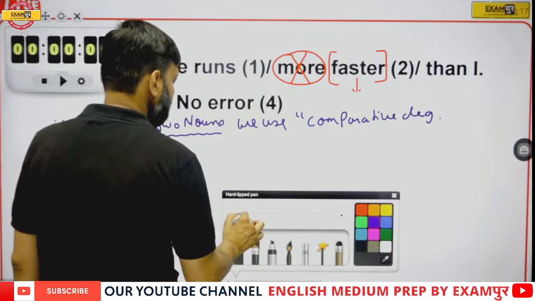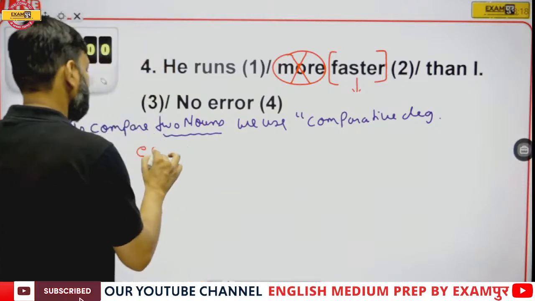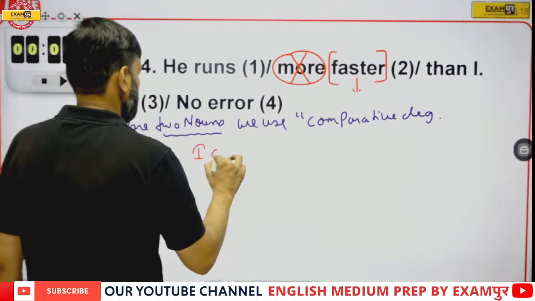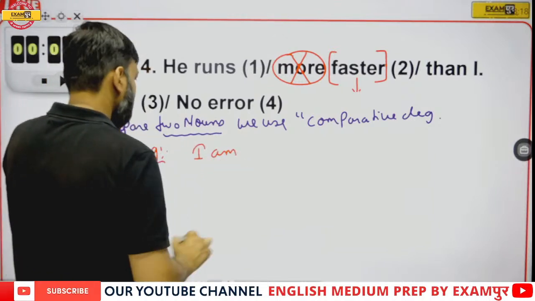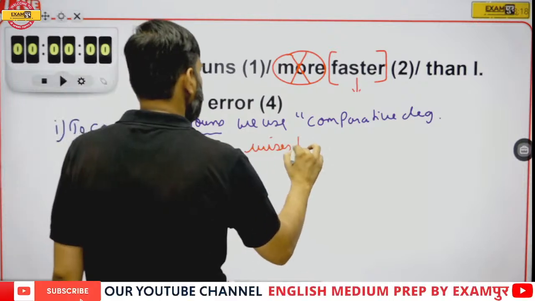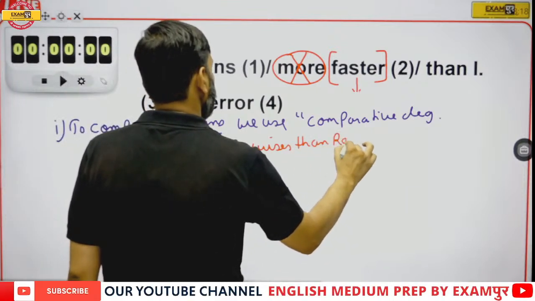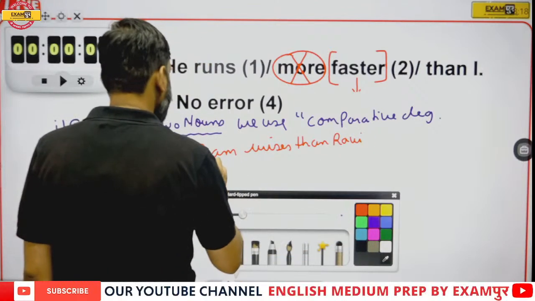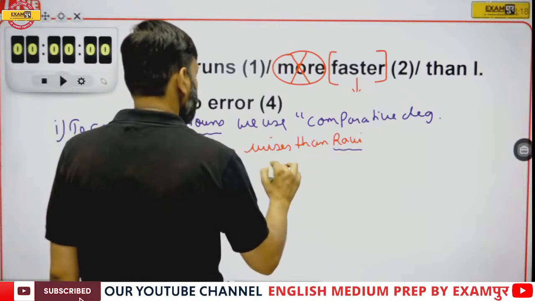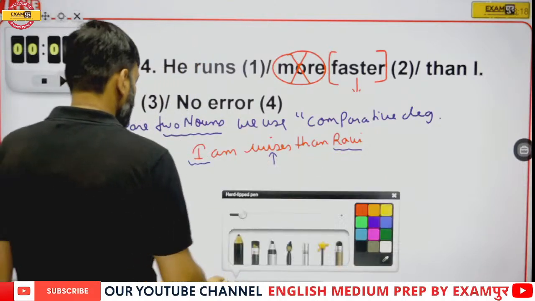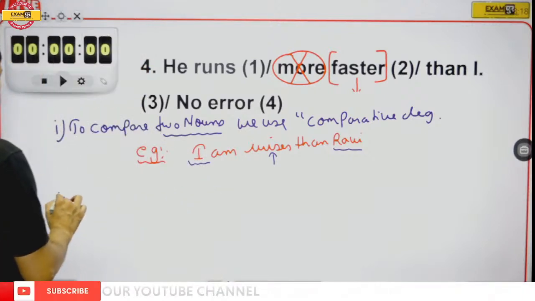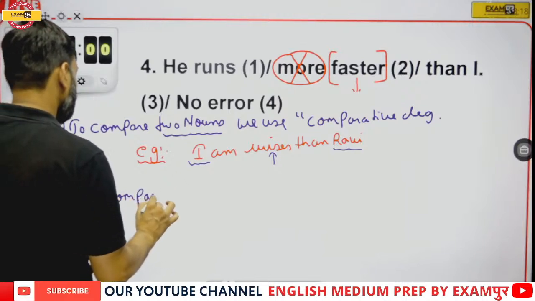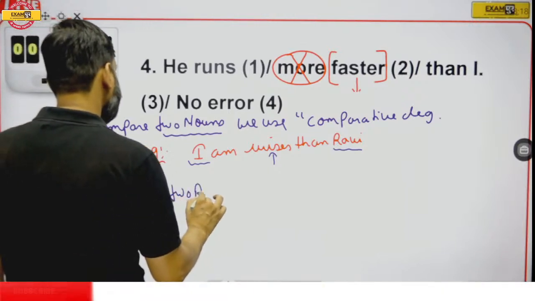For example, I am wiser than Ravi. Here we are comparing I with Ravi. That's why we have used a comparative degree. But one more rule is there. To compare two adjectives.